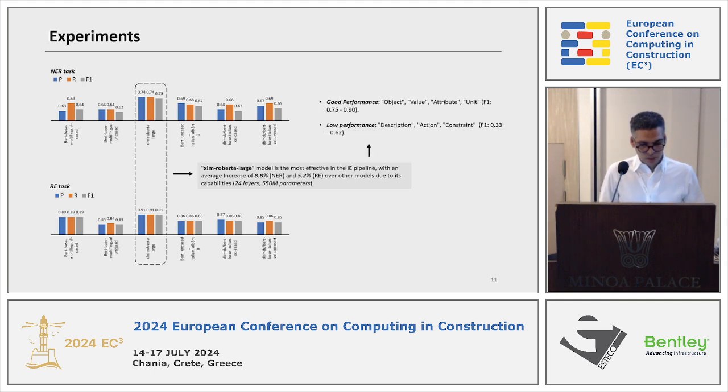For named entity recognition, some categories have good performance, while some others achieved low performance. For relation extraction, most relation types have high or at least moderate performance.